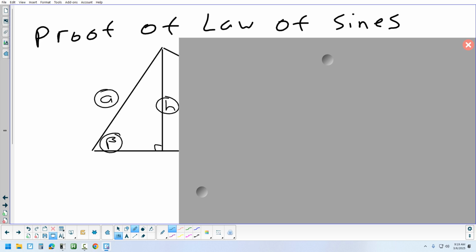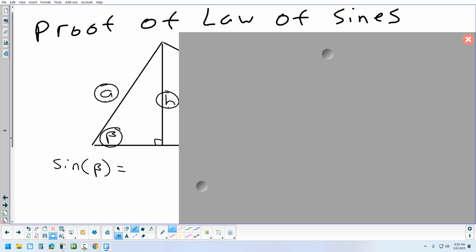H is the opposite. What position is side A? Yep, hypotenuse. So I want to write a trig function that involves opposite and hypotenuse. Which trig function has those 2 in it? Yep, sine. So the sine of my angle equals opposite over hypotenuse.